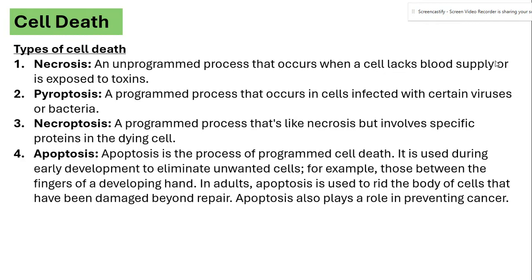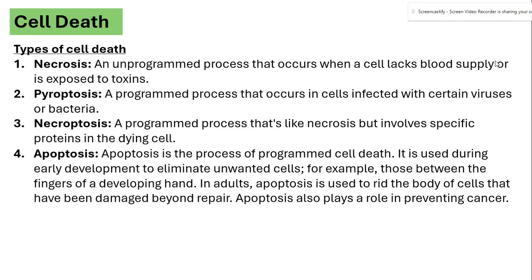But if you really want to see something that smells necrotic, try to smell gas gangrene. You understand what necrosis is, okay? Pyroptosis: a programmed process that occurs in cells infected with certain viruses or bacteria. Yeah, necroptosis: a programmed process that's like necrosis, but involves specific proteins in the dying cell.